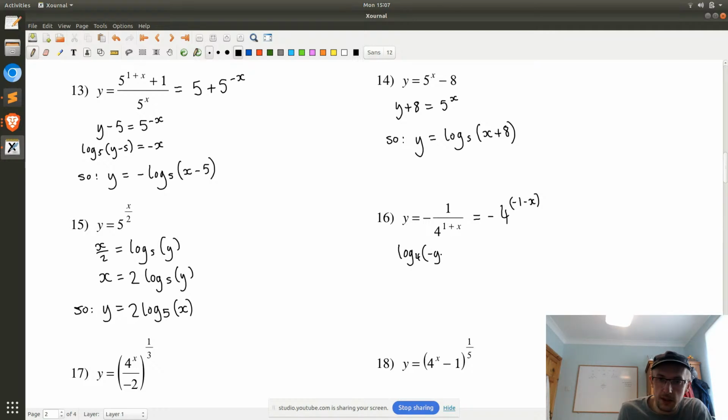Log base 4 of negative y is equal to negative 1, take x. And then make that negative to turn those positive. So x is negative log base 4 of negative y, take 1, and now conclude by swapping the variables. Y equals negative log base 4 of negative x, take 1.